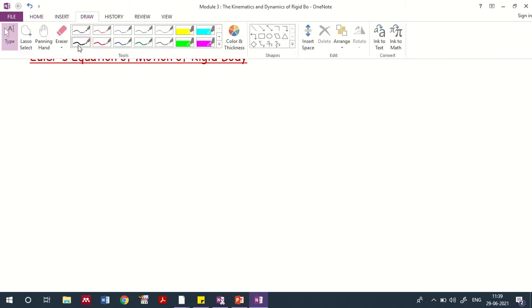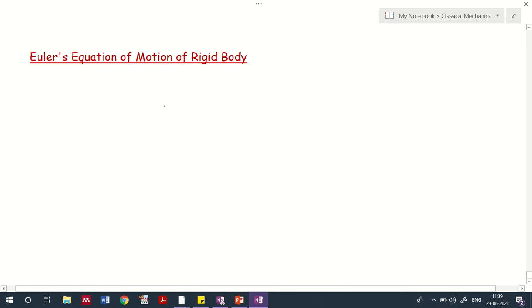So our discussion mainly addresses a rotating frame of reference, and we also call this Euler's rotation equation. When you want the equation of motion corresponding to a rotational frame of reference, we use Euler's rotation equation.